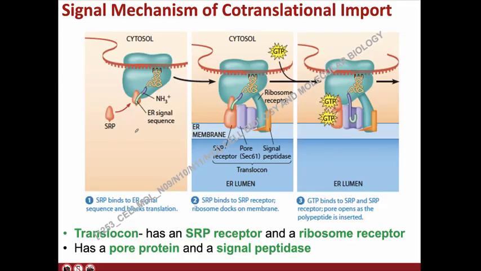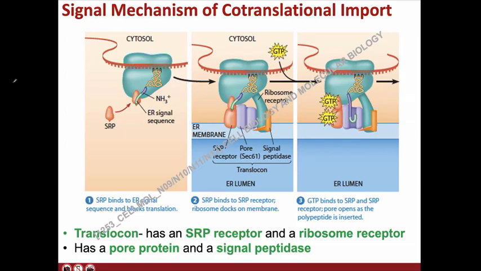so let's illustrate, given our SRP, given our signal sequence, and the ribosomes, let's discuss how the SRP plays a role in co-translational import. Okay, so let's discuss each of these figures one by one.